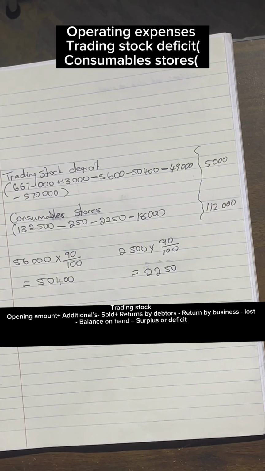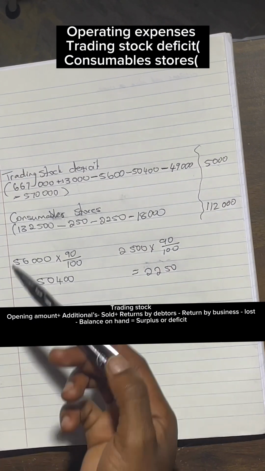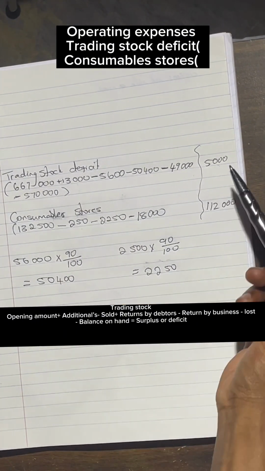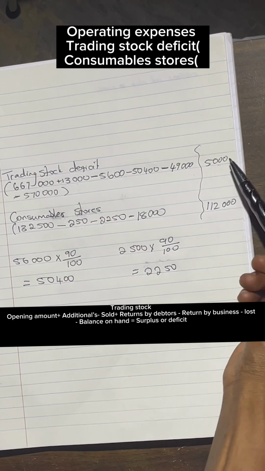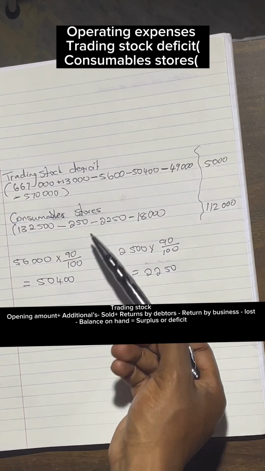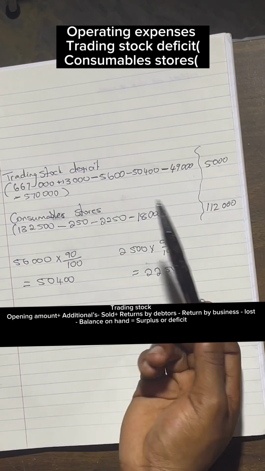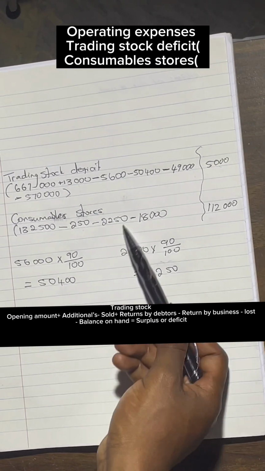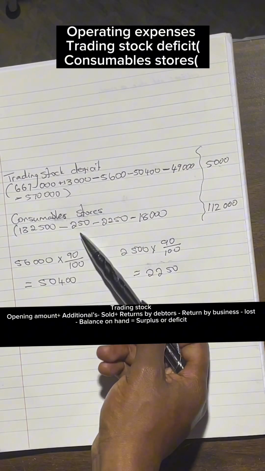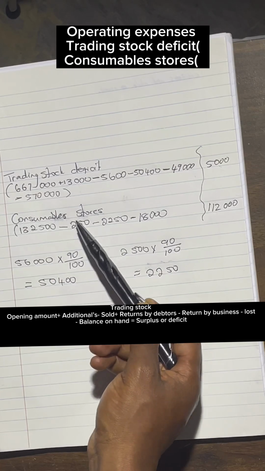Most of the time, if you are looking for part marks, make sure you have your opening, subtracted by your closing. There's a possibility of you getting a part mark. Also for consumable stores, if there were consumable stores lost due to theft, then you need to subtract those consumables which are not covered by the insurance.